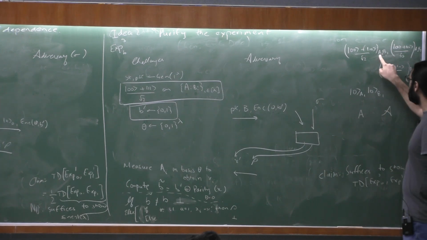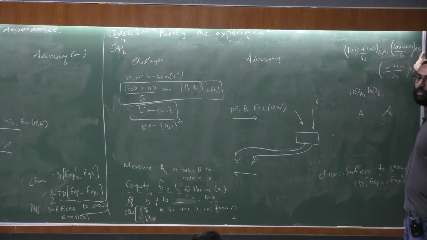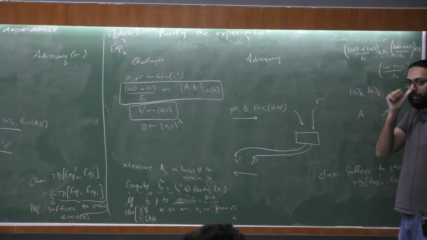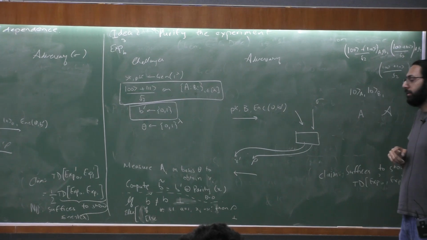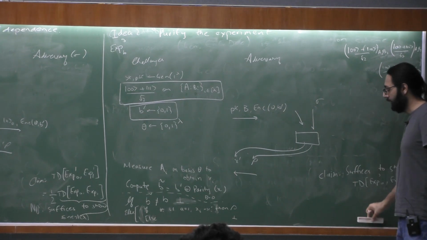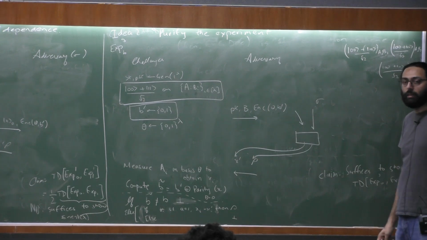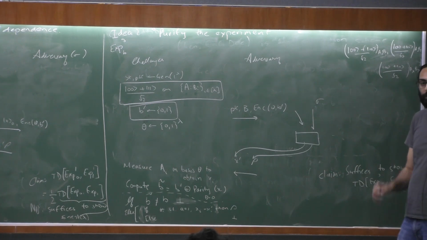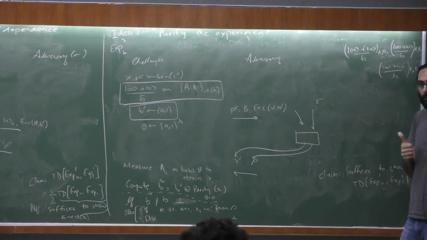So A1 is a silver atom, B1 is a silver atom, A2 is a silver atom, B2 is a silver atom, and so on. So the first one is a Bell pair between A1 and B1. Yeah, exactly. Then you send the B's, not a string of B's. You send all the silver atoms which were labeled by B. Good. Makes sense.